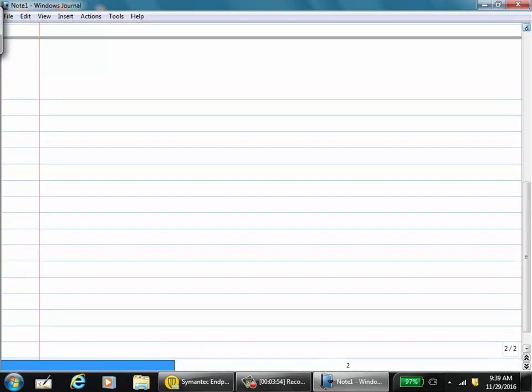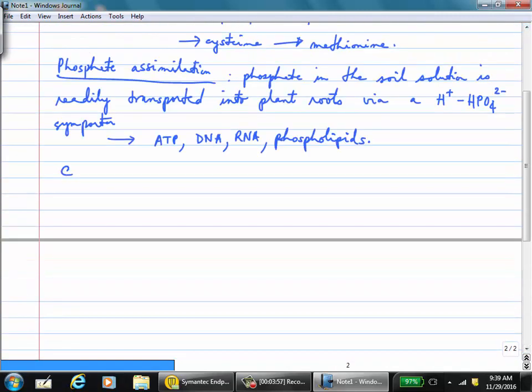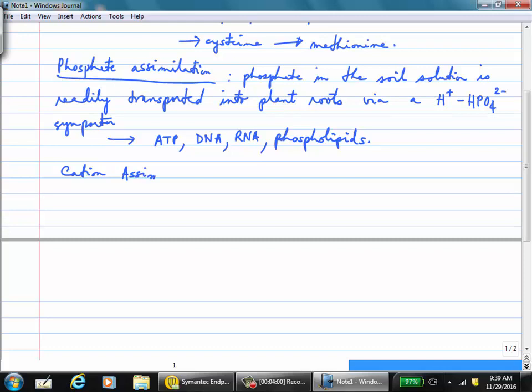Then next, I want to talk about cation assimilation, right? So cations are basically positively charged ions. You know that sodium, potassium, calcium are all cations, right?